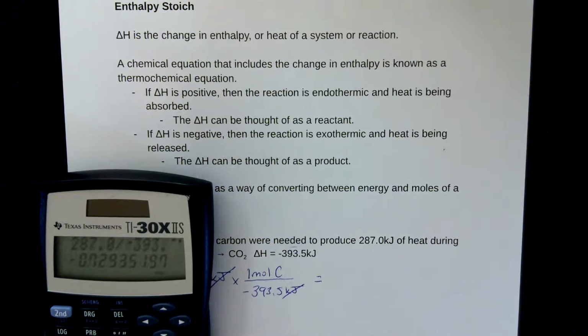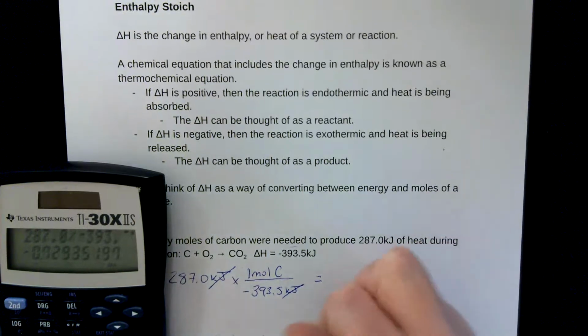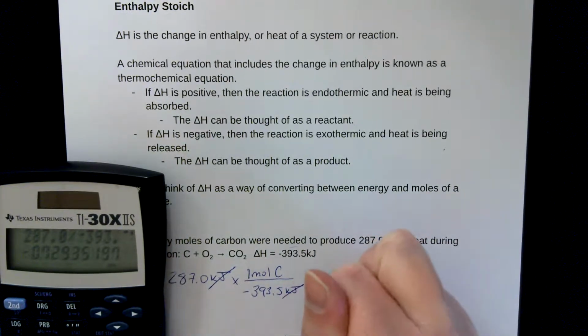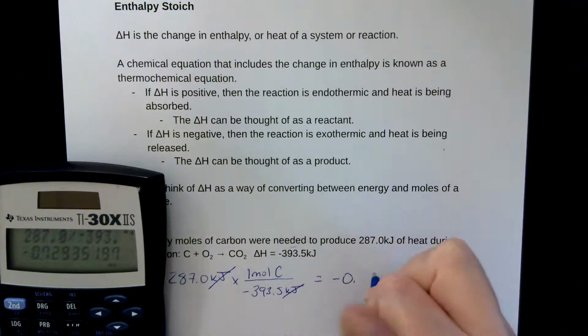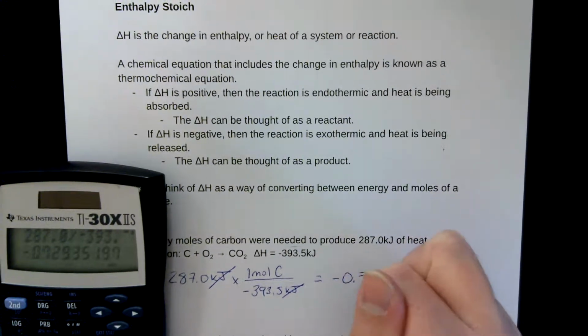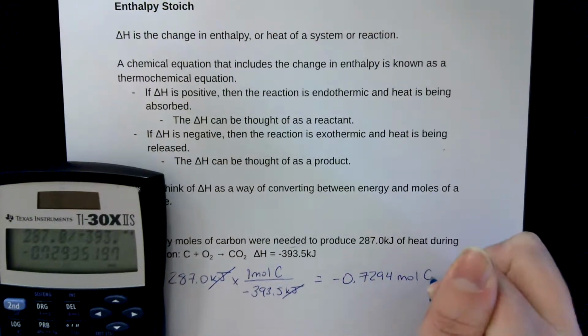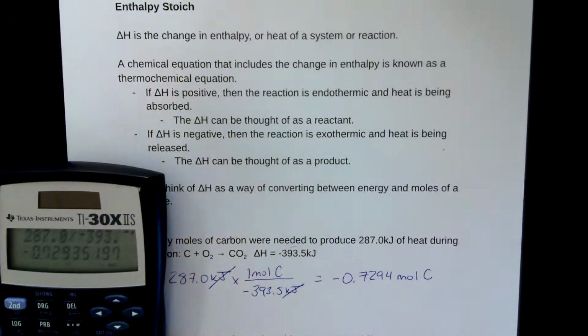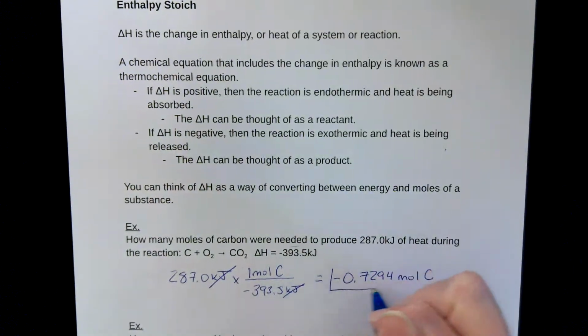So we get this value, and if we look back at where we started, we have 4 significant figures here, so our final answer should also have 4 significant figures. So negative 0.7294 moles of carbon would be our final answer.